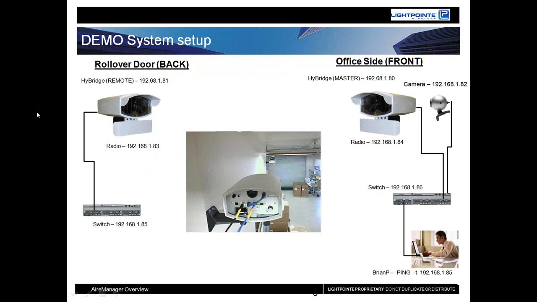So here's the solution we have up in our hallway. We have mounted two HyBridge units approximately 8 feet in the air, so that we don't interrupt them by walking through them or have them be in the way of our daily operations. So we have the FSO units with the backup radio.